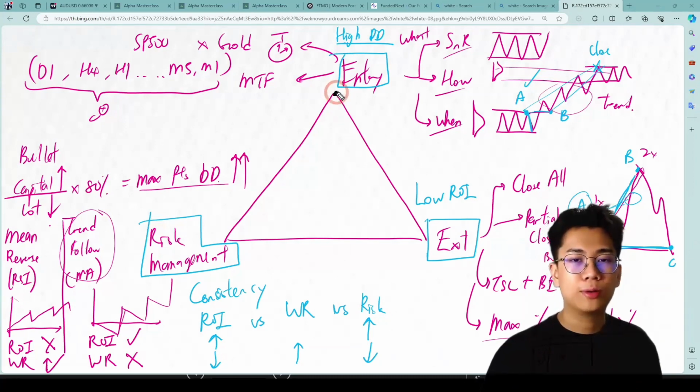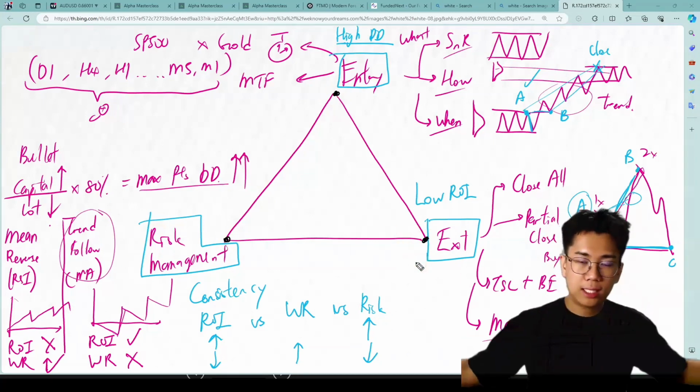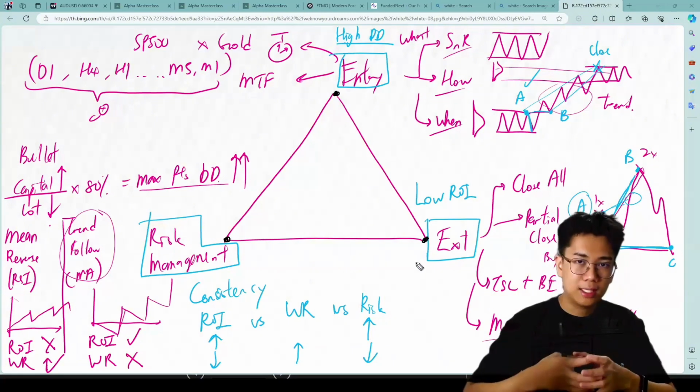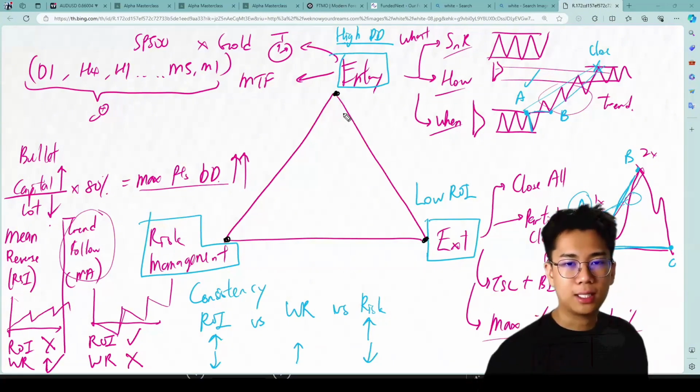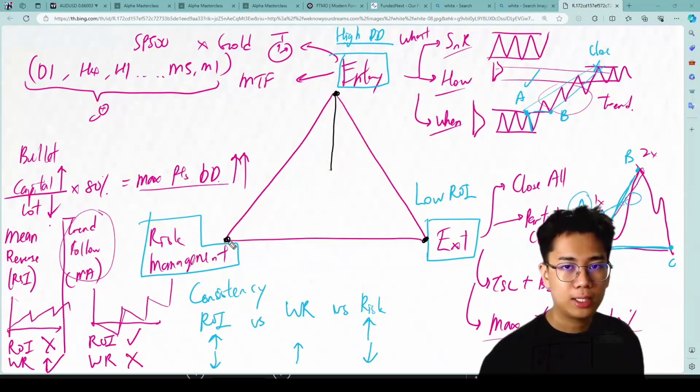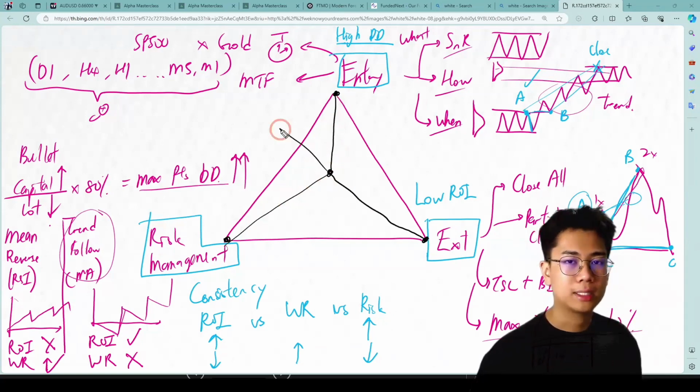But when it comes to a live account, you have to bundle these together, and that's why this triangle is actually a 3D triangle. At the top is what I call mentality.